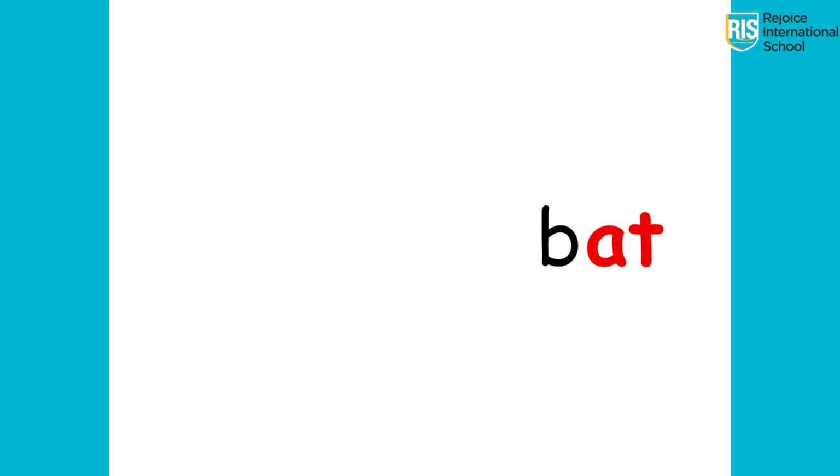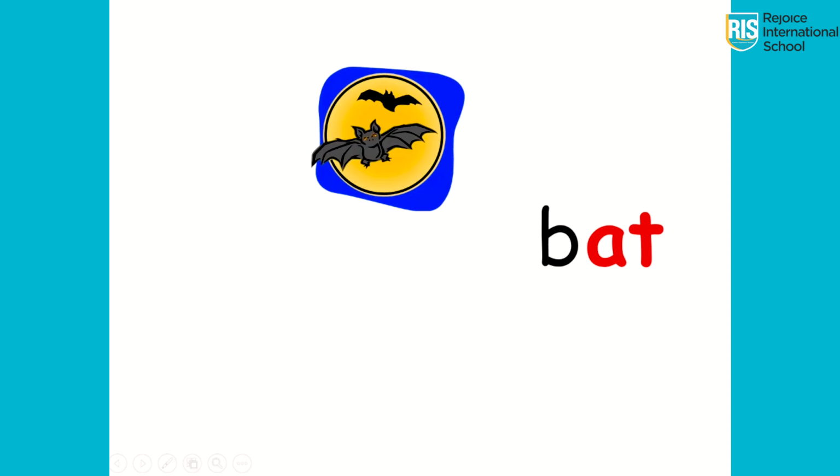Come on, children. Read with me. What sound does the letter B make? B. B, A, T. B, A, T. Bat. Correct. We made the word bat.